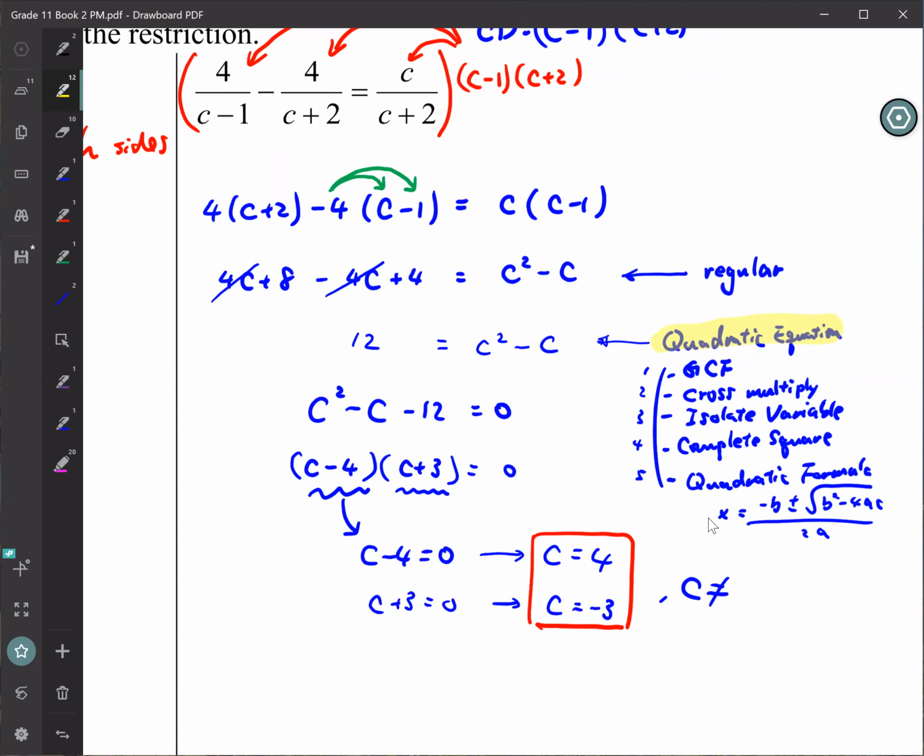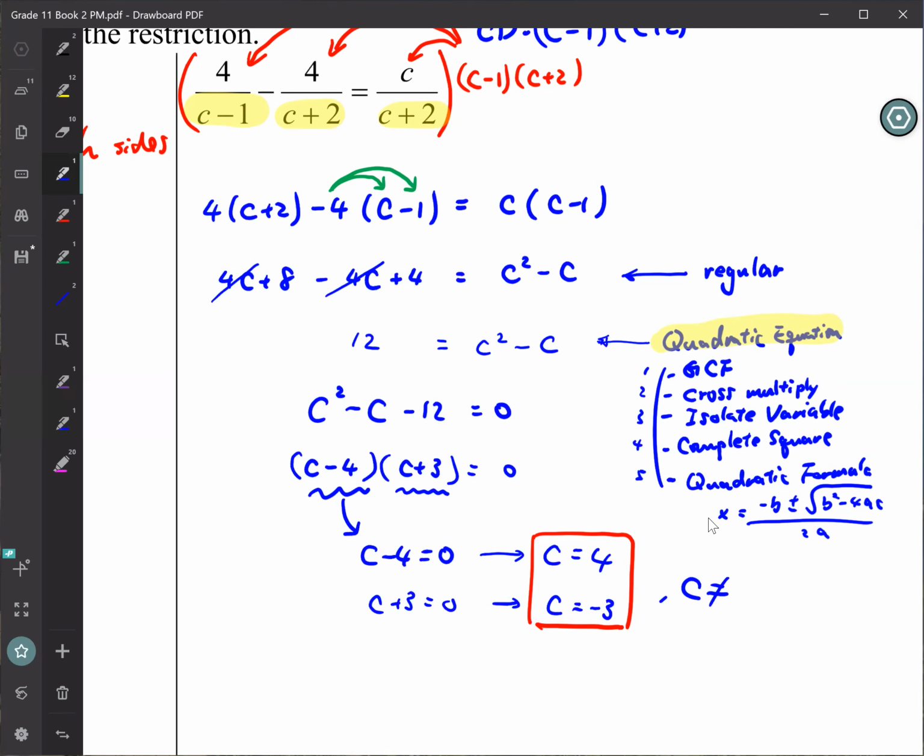What's in the denominator? It's C minus 1 and C plus 2. You know how to do that? Yeah. Okay. What's that?